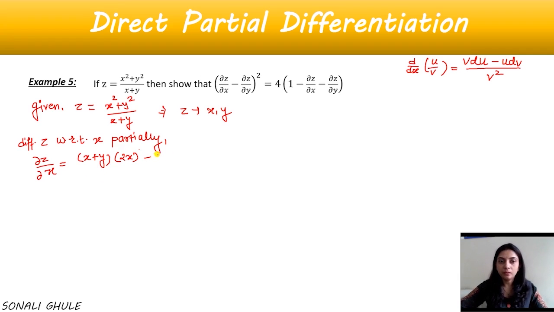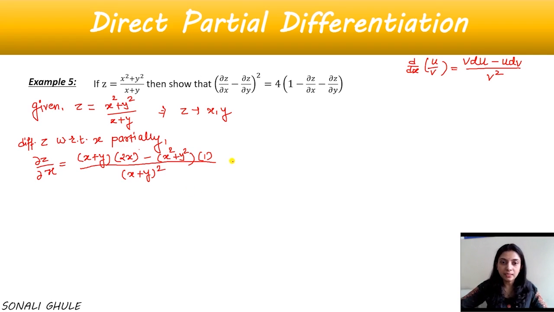Minus, now the numerator is constant, and the derivative of the denominator: again y is constant with respect to x so it is 0, and the derivative of x is 1. Then divided by the denominator square, x plus y whole square.